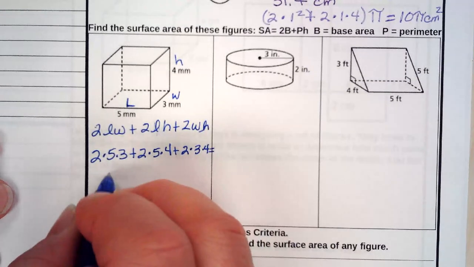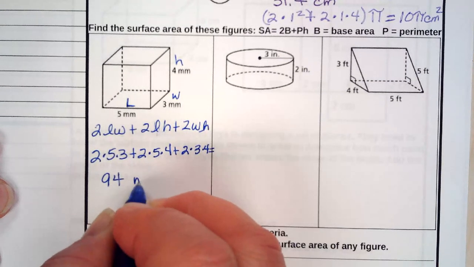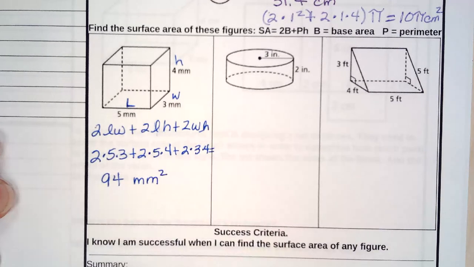So this is equal to 94 millimeters squared.